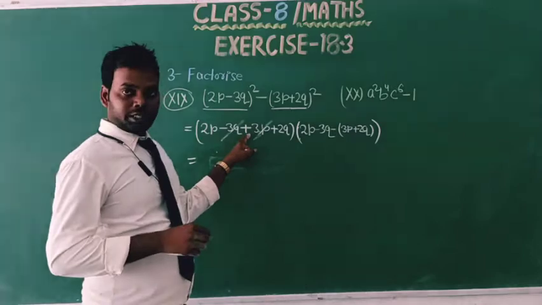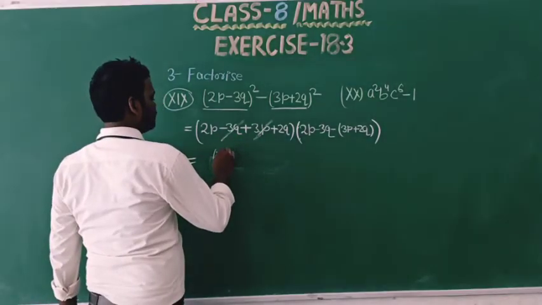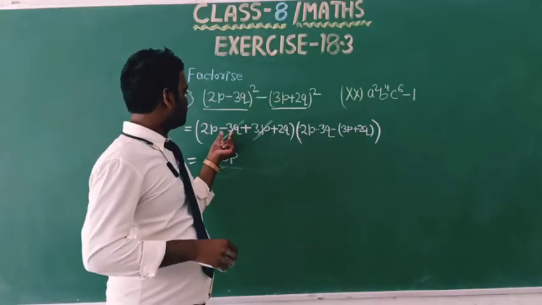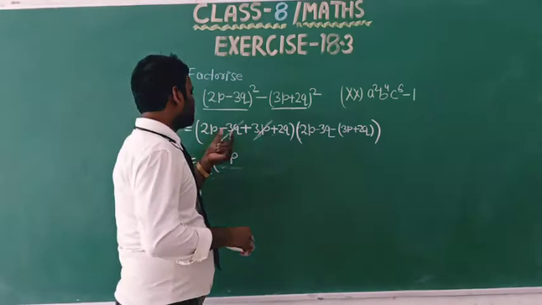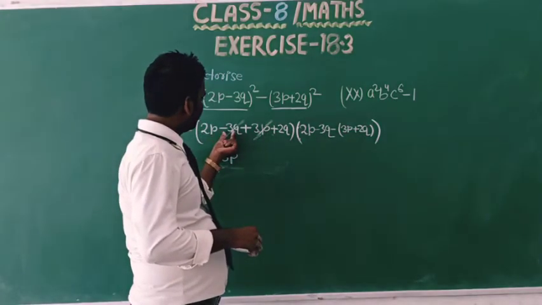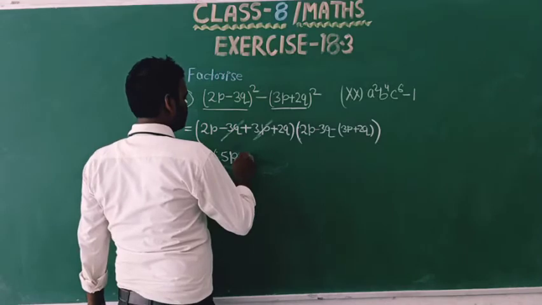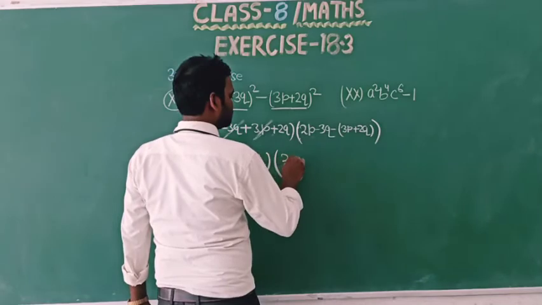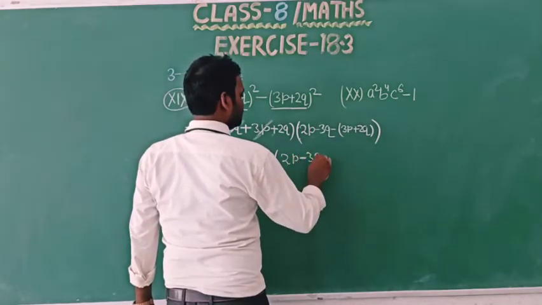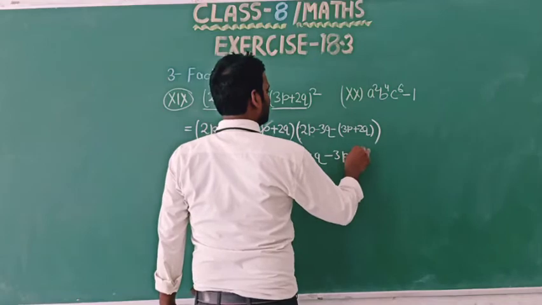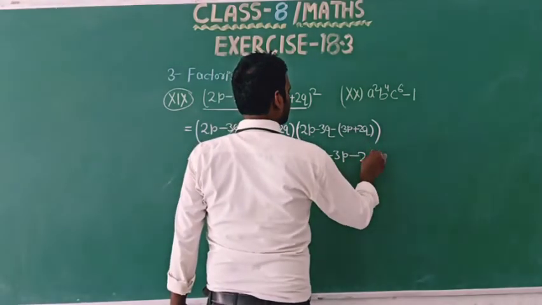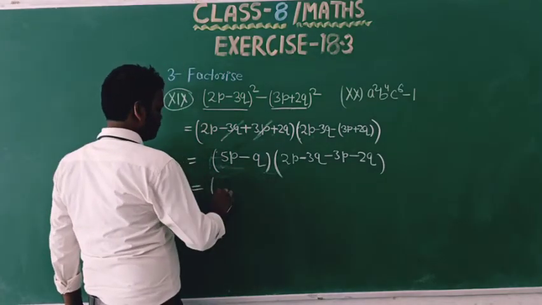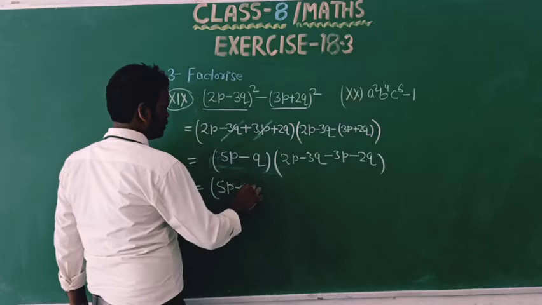2p plus 3p becomes 5p, and minus 3q minus 2q, so this is the same, 5p minus q... Okay, 3q minus 2q. So this is the same, 5p minus q.